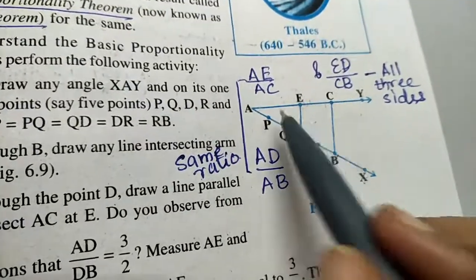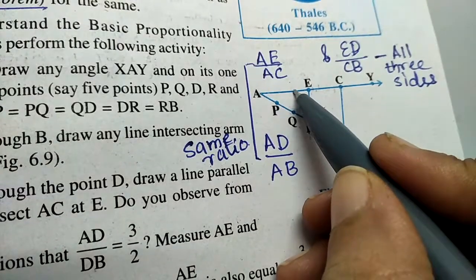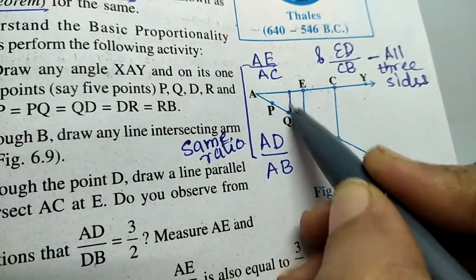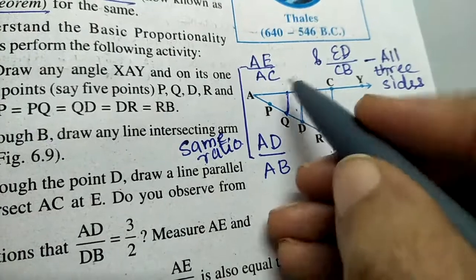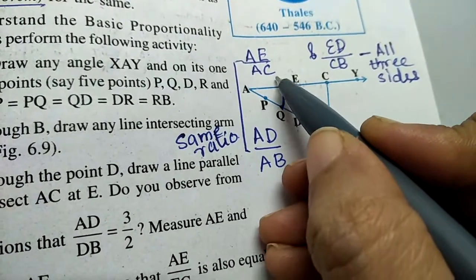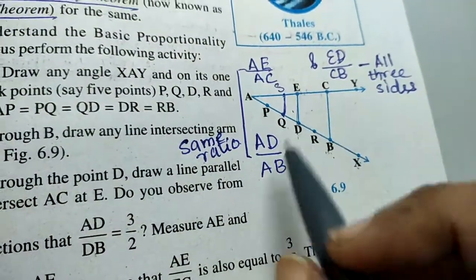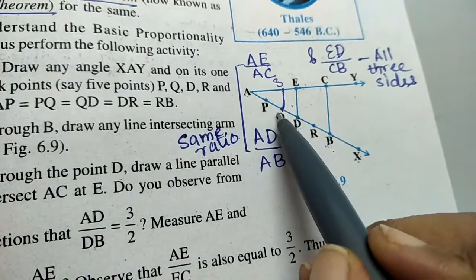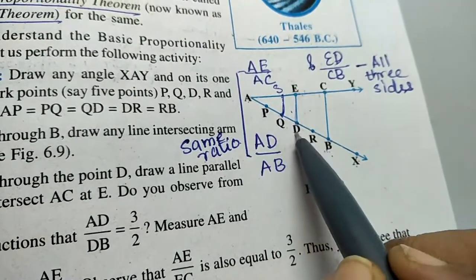Even if I construct here a parallel line, I'll have another triangle here. Suppose I put here S. Then you have ASQ and AED.